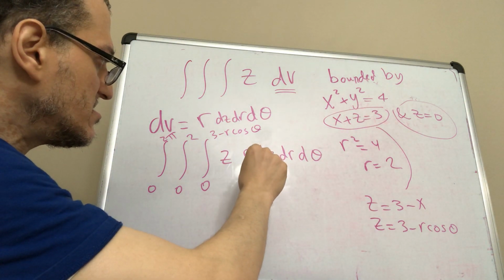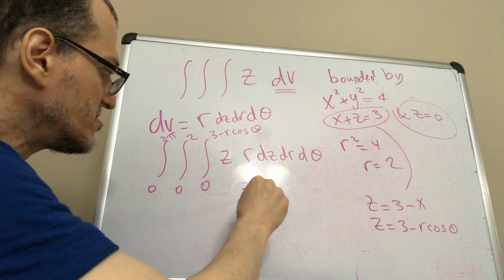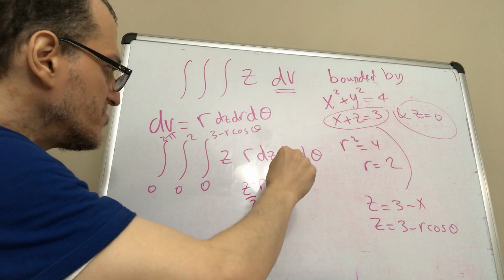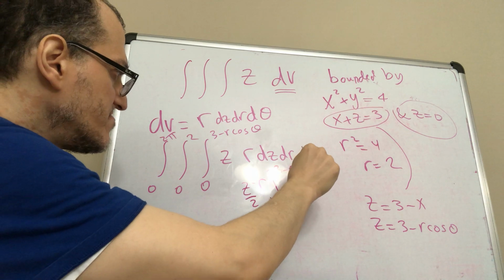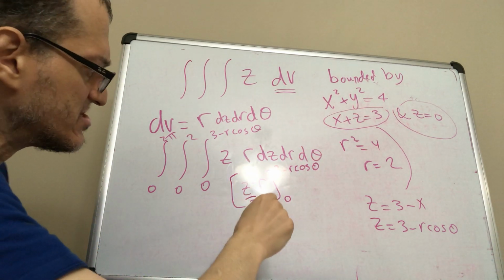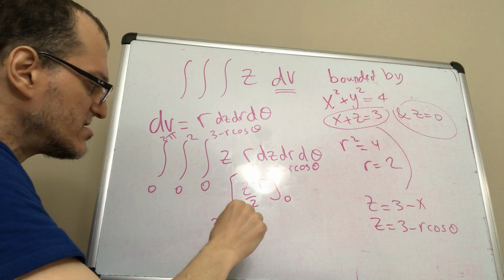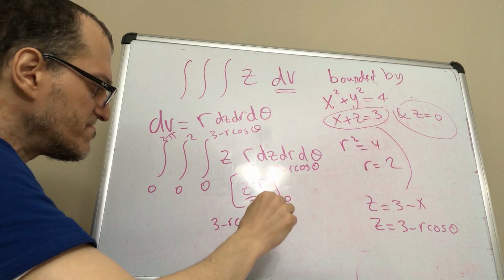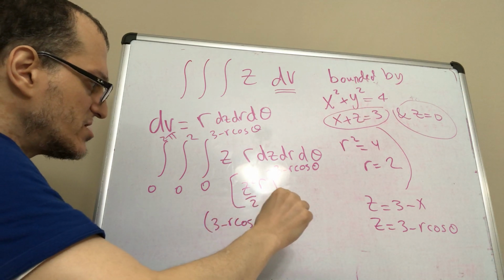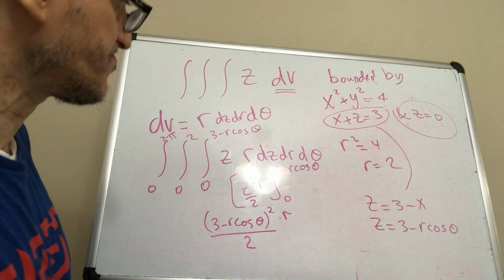The integral of z r dz would be z squared over 2. You put in 3 minus r cosine theta, and you put in the 0. You put the limits first for this, so you need 3 minus r cosine theta, squared, times r over 2, minus 0.